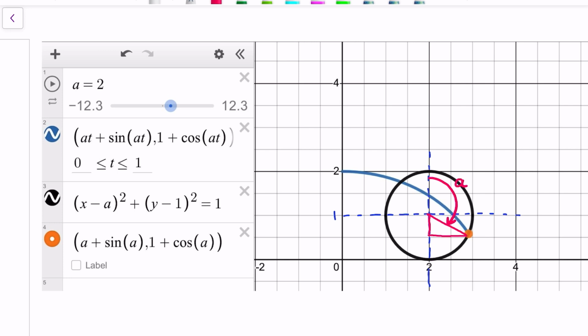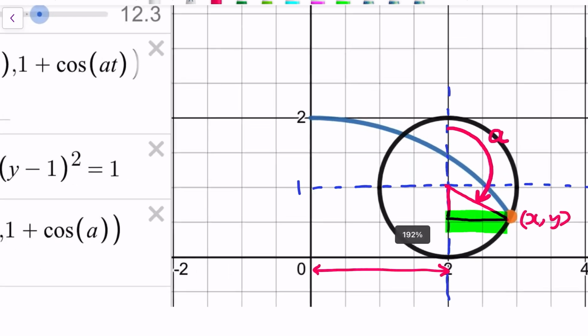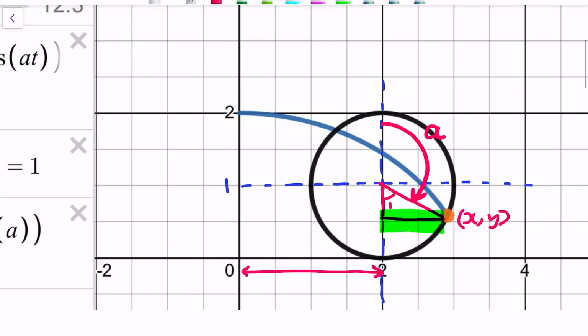So the coordinate, if we want this coordinate xy here, then the x value of that coordinate is 2 to get us from the origin out to the center of the circle, plus, what's that distance there? Okay, so what is that distance? Well, if the angle from the vertical all the way around is a, then the angle in the triangle there is pi minus a.